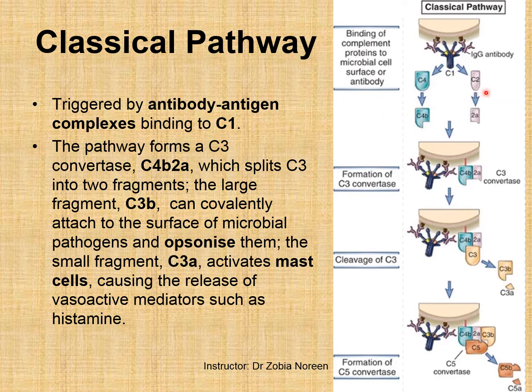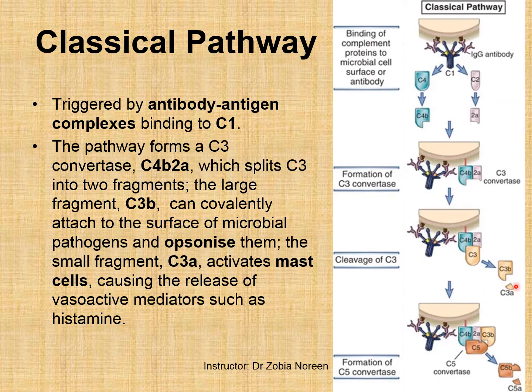Similarly, it also cleaves C2 into C2a and C2b. As a result, a complex is formed which is called C3 convertase, a combination of C4b and C2a. Both of these subunits combine to form C3 convertase. This C3 convertase then has the ability to cleave C3 into C3a and C3b.